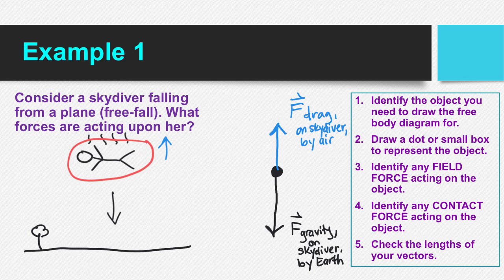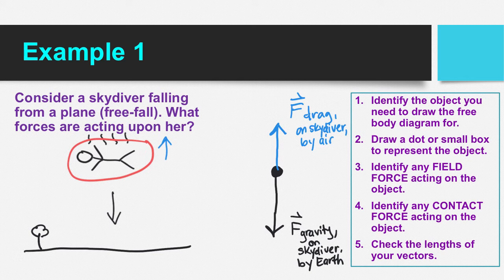Now, I'm going to check the lengths of my vectors next. I don't have any numbers, okay? I don't have any way to calculate how strong the force of gravity or how strong the force of drag is. All I do know is that she is falling down, which means that right now, for our purposes, the force in that downward direction is going to be larger than the drag force. As she falls, she's still kind of speeding up.